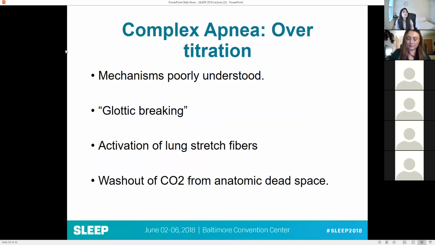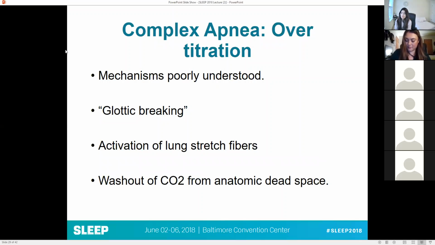And again, the over-titration, just like I said with complex central apnea and treatment-induced central apnea, we don't know too much about why this occurs. We do know of this phenomenon of glottic braking, and washing out the CO2 from the anatomic dead space and more efficiently removing CO2.